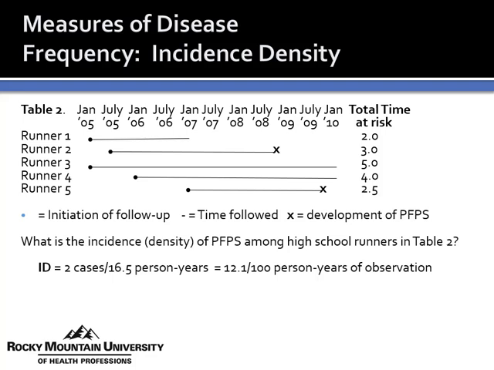A little bit different, isn't it? So instead of saying that there were 40% or 40 out of 100, you would say 12.1 cases of patellofemoral pain syndrome per 100 person years of running or of sport participation.